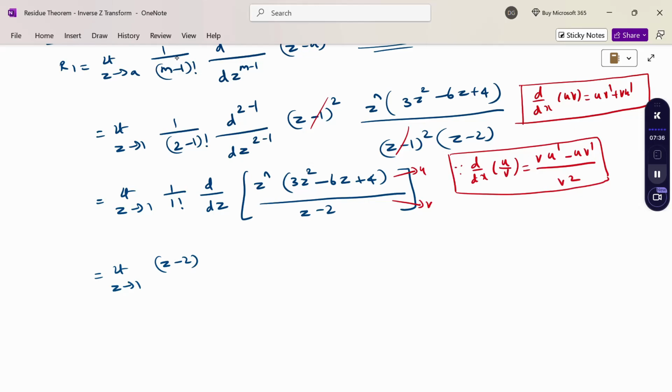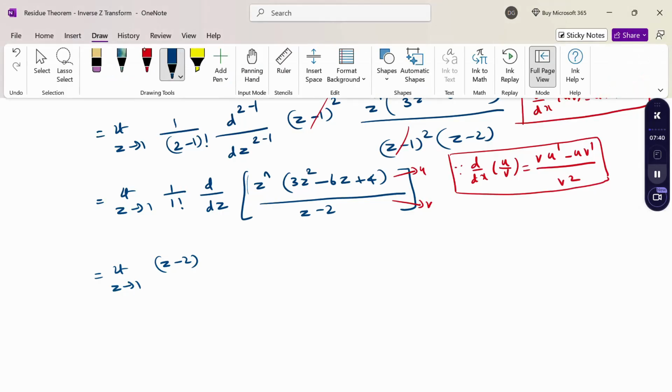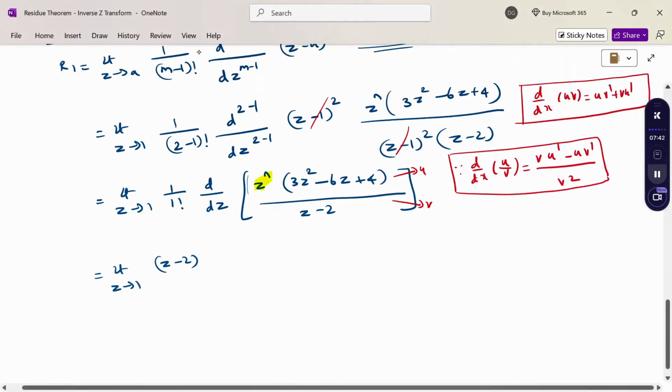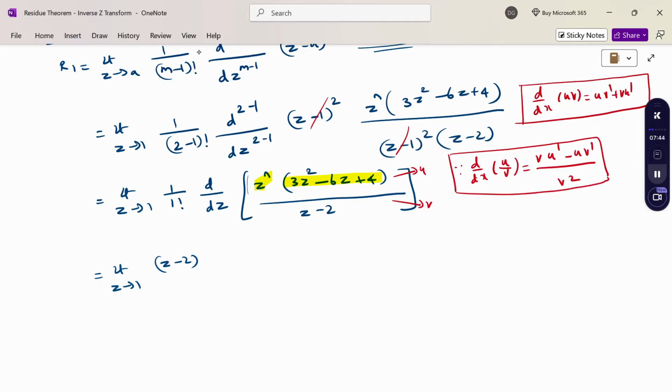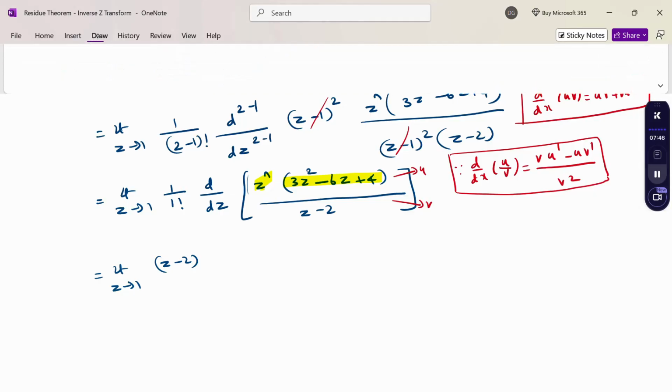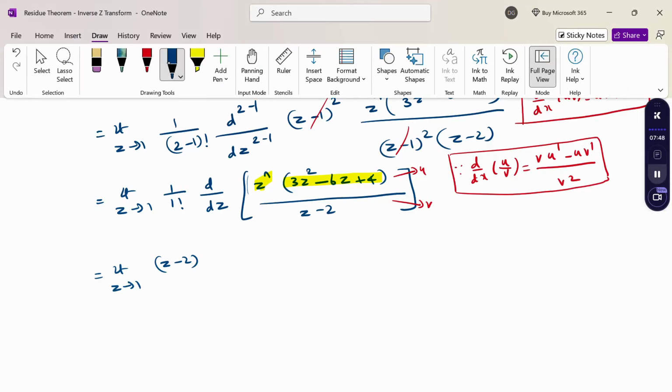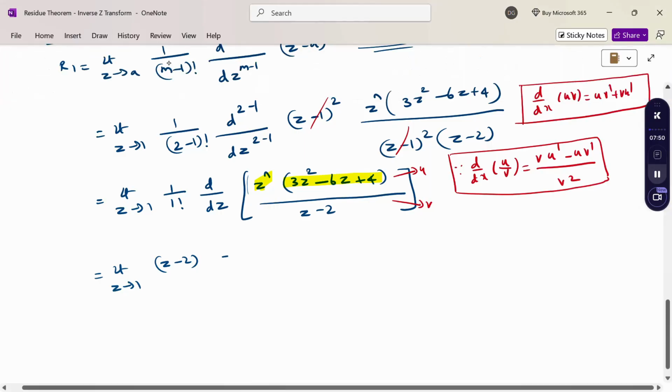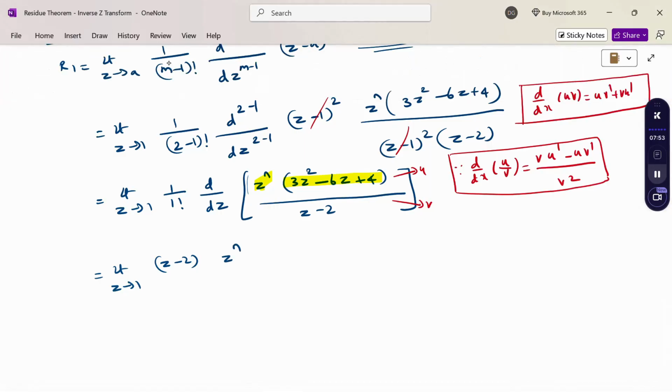So uv means now here I consider z power n as u. Whenever I consider this term u and this term v, now differentiate: u v dash. This is u, v dash is 6z, z square differentiation 2z, so 2 into 3 is 6z minus 6z plus 0.